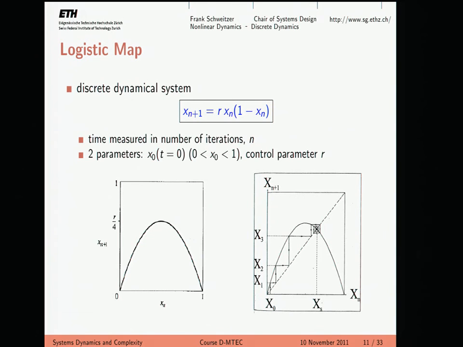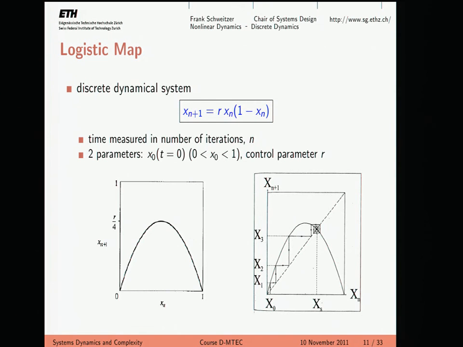From x0, we calculate x1 by this formula. From x1, we calculate x2. From x2, we calculate x3. From x3, we calculate x4. From x4, we calculate x5, and so on.